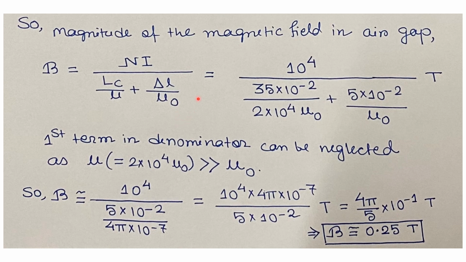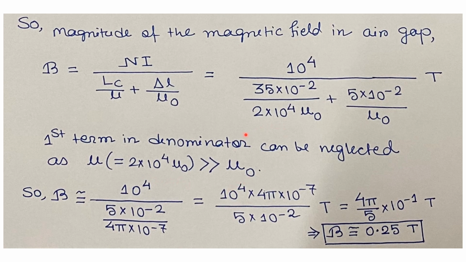If we put in the value of each quantity, we get NI equals 10 to the power 4, and Lc is 35 times 10 to the power minus 2 meter divided by 2 times 10 to the power 4 μ0, plus ΔL is 5 times 10 to the power minus 2 meter divided by μ0. If we see this expression carefully, the first term in the denominator can be neglected, as μ is 2 times 10 to the power 4 μ0, which is very much greater than μ0.